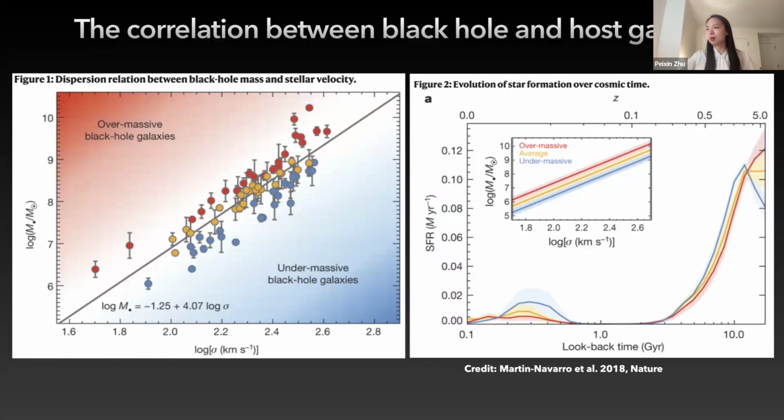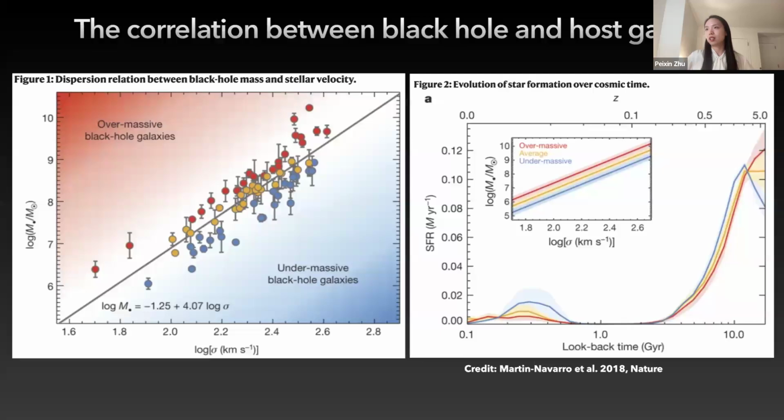Look back time zero means the present, and look back time 10 gigayears means you are looking back 10 gigayears earlier, at the early phase of these galaxies. You can see that the undermassive population has a larger star formation rate than the average and than the overmassive populations.